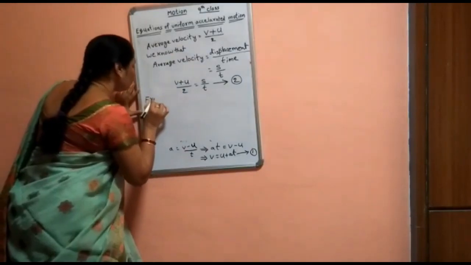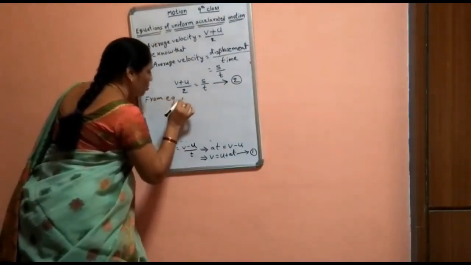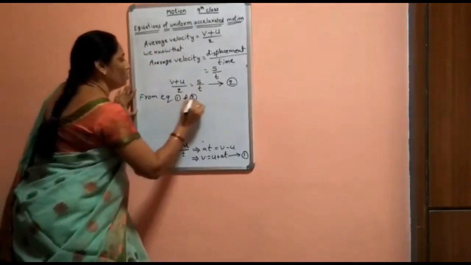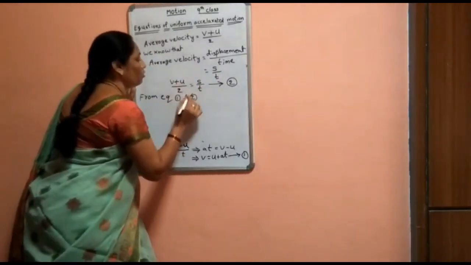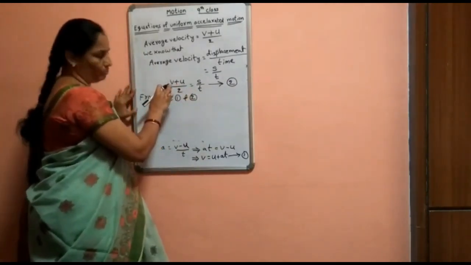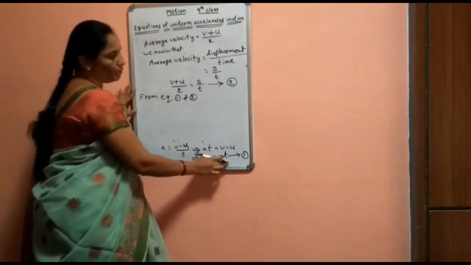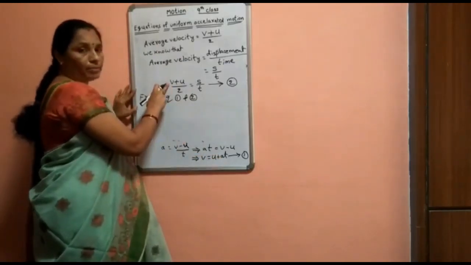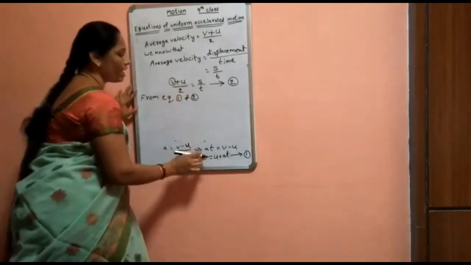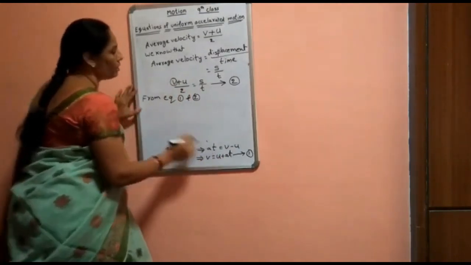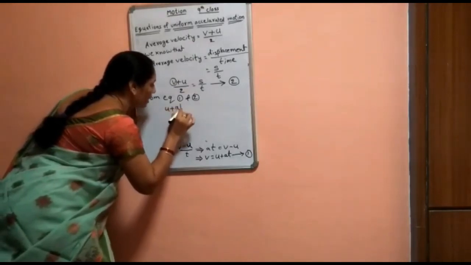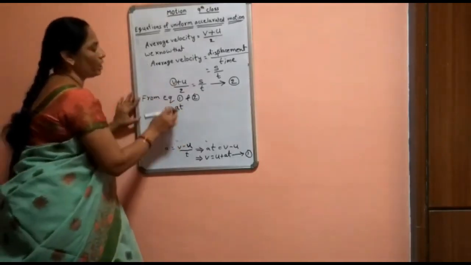From equation 1 and 2, we substitute the v value in equation 2. We substitute v is equal to u plus at in equation number 2. What is the value of v in equation 1? That is equal to u plus at. This is the v value.